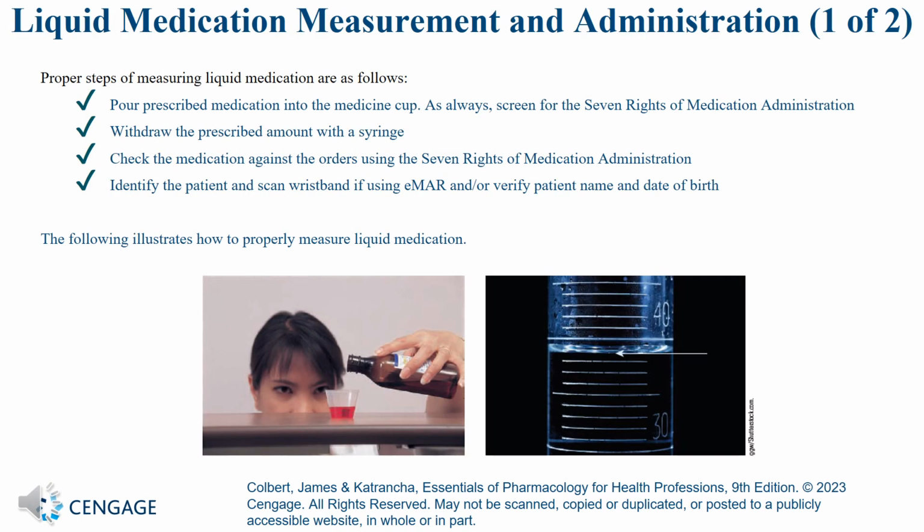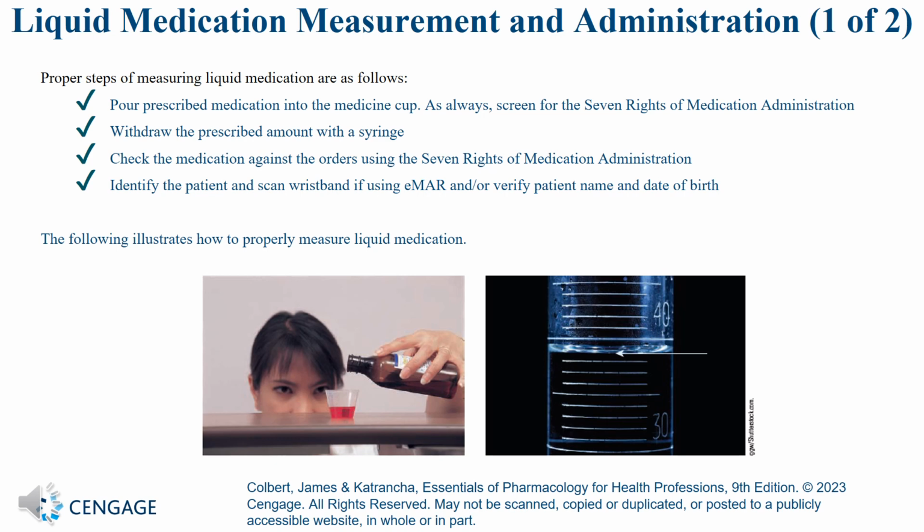Liquid medication measurement and administration. Let's take a look at the proper steps of measuring liquid medication. You want to pour the prescribed medication into the medicine cup. As always, screen for the 7 rights of medication administration. You want to withdraw the prescribed amount with a syringe.